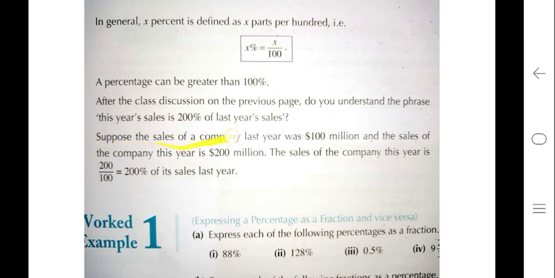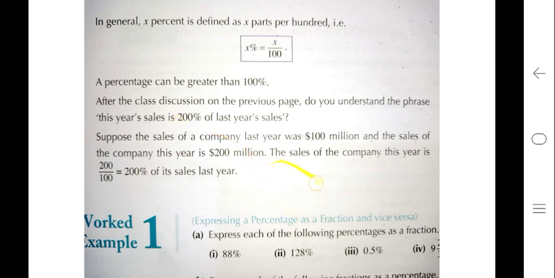Suppose that the sales of a company last year was $100 million, and the sales of the company this year is $200 million.